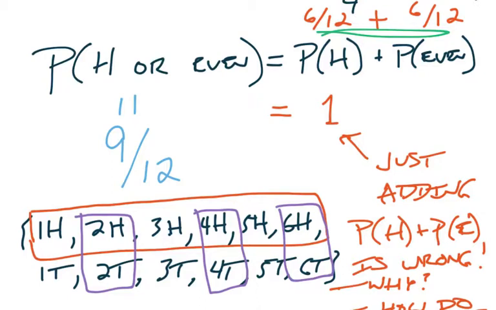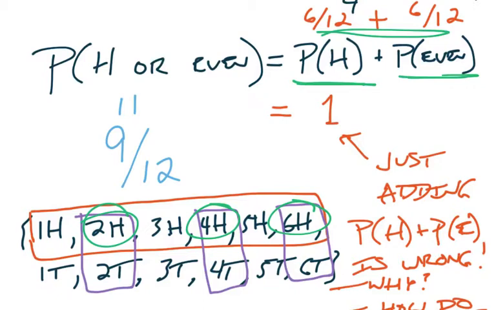There is a non-trivial overlap between the event of flipping heads and the event of rolling evens in this probability experiment. In particular, these 3 events right here are the culprits. Those show the overlap. There's a 2 on the die, and there's heads on the coin. So it's both heads and even at the same time. This accounts for the error that we just got in the calculation that was wrong.